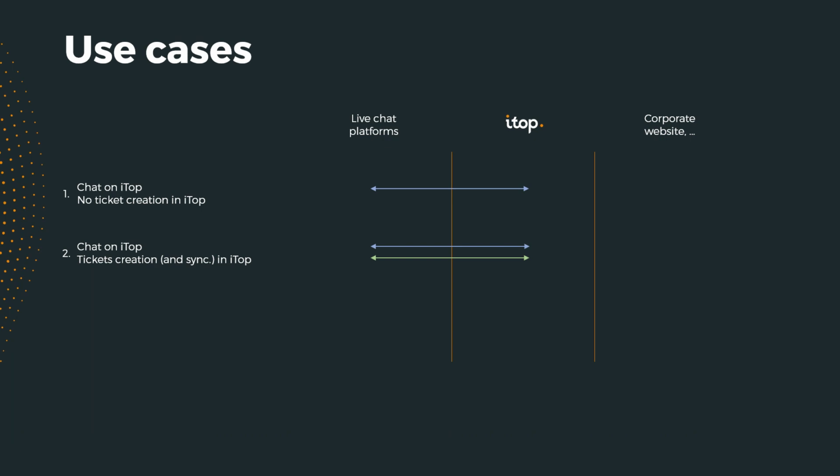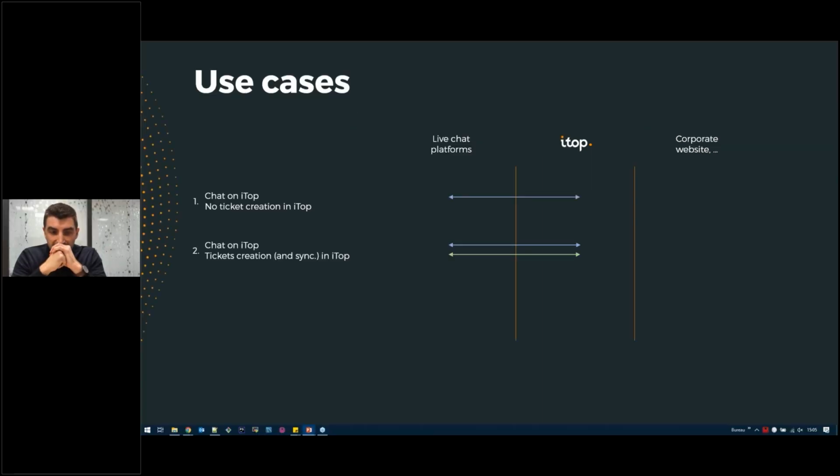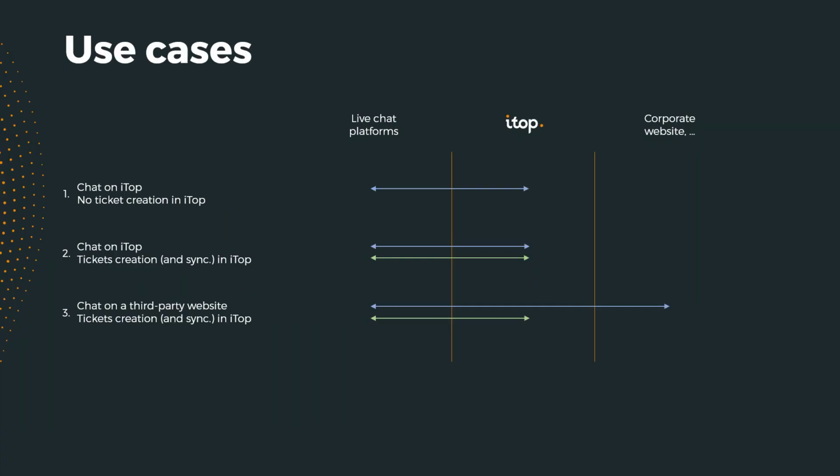The second use case is the same as the first one, but in addition, the support agent can create a ticket in iTop if he needs to escalate it. Finally, the third use case is a bit different. The customer has no access to the iTop end user portal and starts the chat directly from a corporate website.